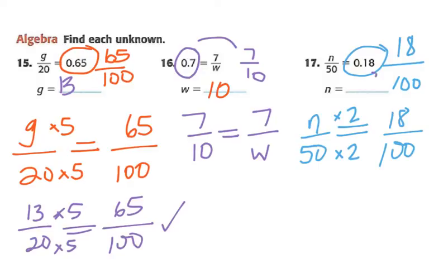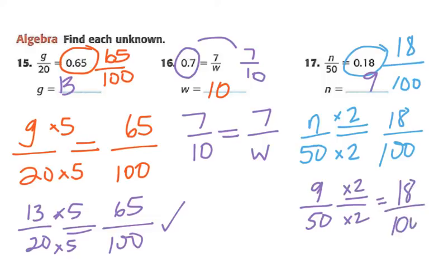If you said 9, ding, ding, ding, you are right. So 9 over 50, if I multiplied it by 2 over 2, would give me 18 hundredths. Check.